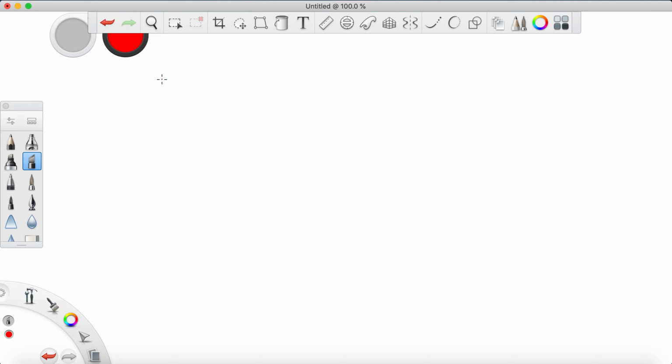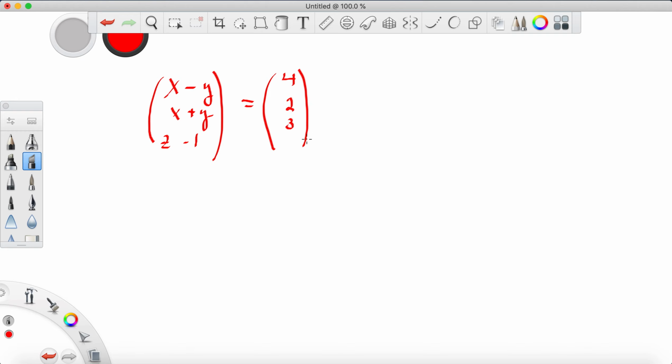So let's see, suppose I gave you this system of equations, x minus y, x plus y, z minus 1, and I said that this is equal to 4, 2, 3. So the thing about vectors is they're only equal if each of their components are equal.